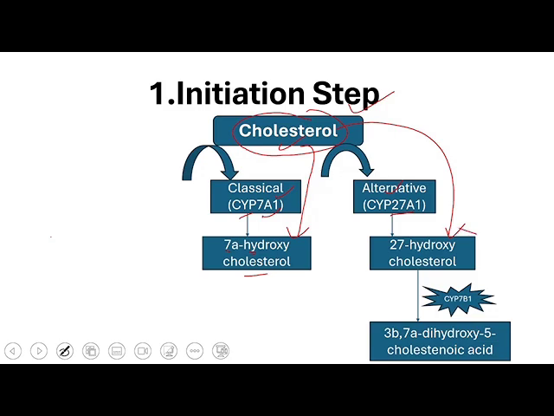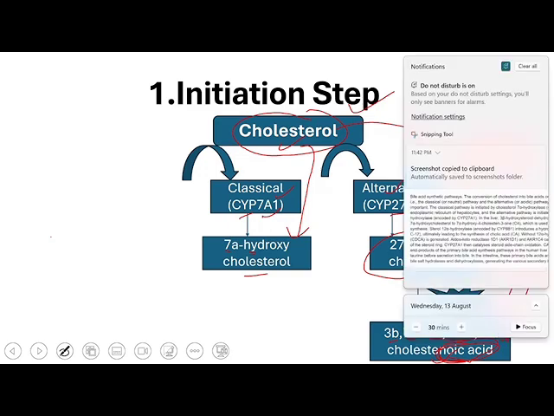And this 27 hydroxycholesterol again undergoes hydroxylation by cytochrome P7B1 with the help of this enzyme. This again gets converted to 3 beta 7 alpha dihydroxy 5 cholestenoic acid. There is the formation of acids. So that's why this alternative pathway is also called the acidic pathway.